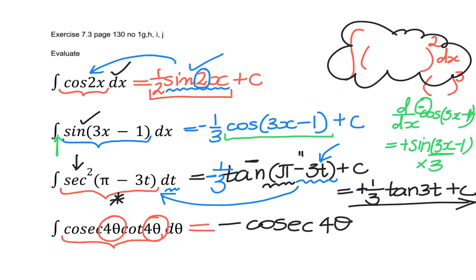Because there is a minus in the table of derivatives. Even if I add c, obviously my problem is the same as in all the other examples. I will have an inner derivative, therefore it becomes minus 1 over 4 cosec 4 theta plus c. Please stop it, reverse it, look at the 4 examples, see if you can get the correct solution.